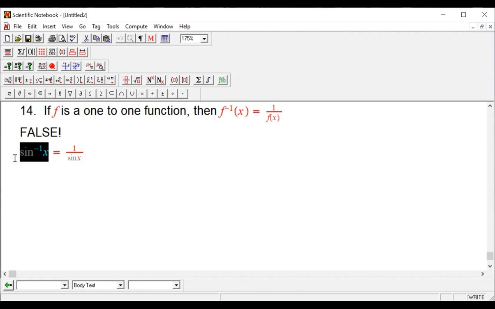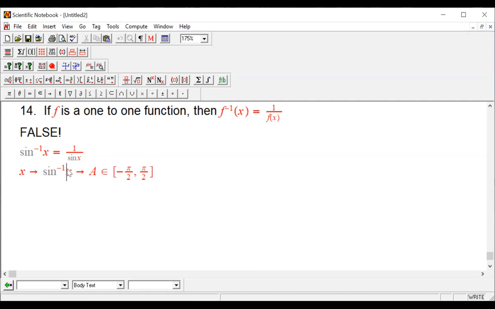We know arc sine takes a ratio as input and produces an angle, and the angle is going to be in the interval between negative pi over 2 and pi over 2.